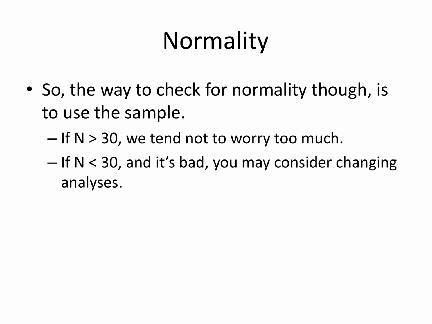But if you have less than 30 people and this check looks bad, you may consider changing analyses to some non-parametric design that doesn't care so much about normality. So the issue here is, if you have enough people, you still want to check this and hope it's okay. If you don't have enough people and the analysis looks bad, you really got to reconsider maybe ANOVA.